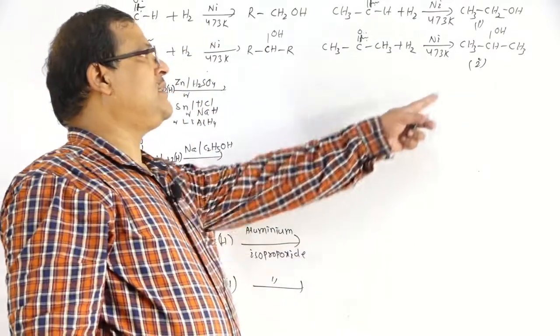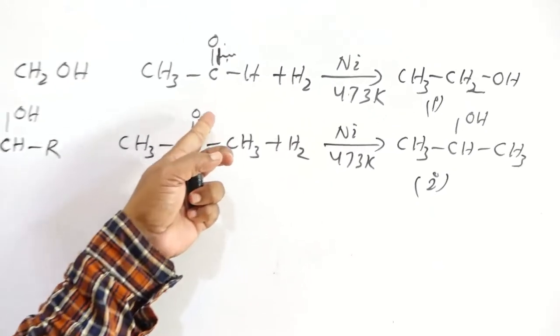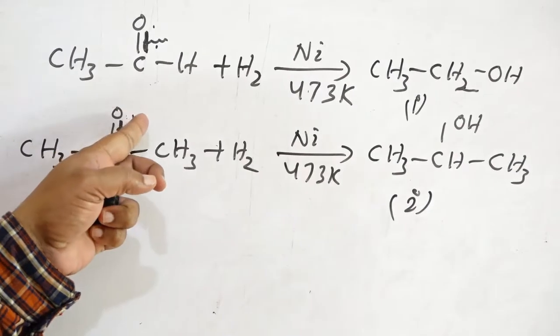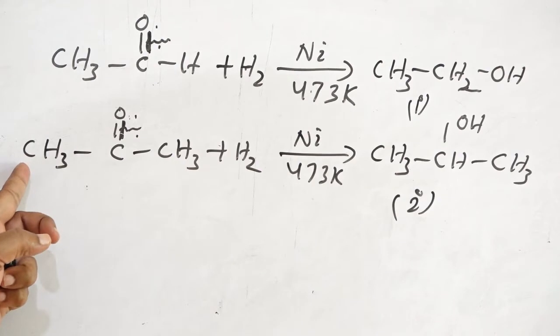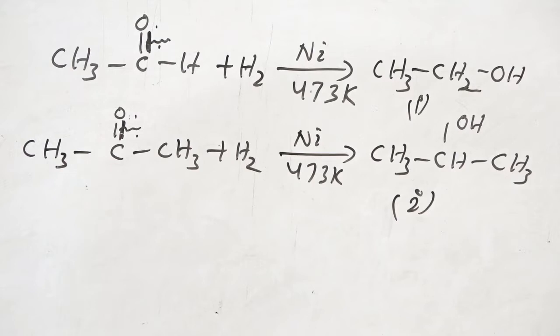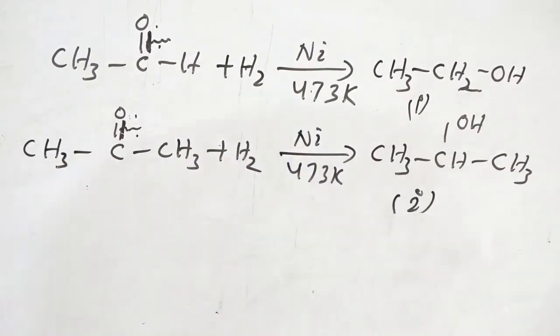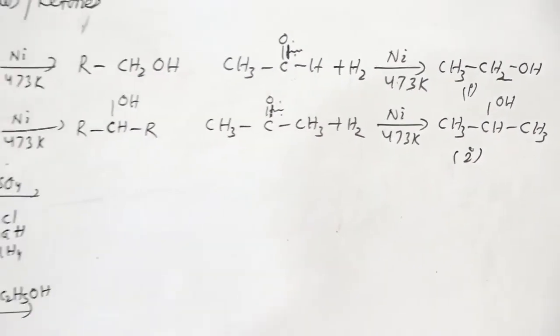The pi bond will break by the addition of hydrogen. A hydrogen atom will be added to one side, O added with H, C added with H. So there is the formation of CH3 CH OH CH3, a secondary alcohol. So aldehydes will form primary alcohol and ketones will form secondary alcohol on reduction.